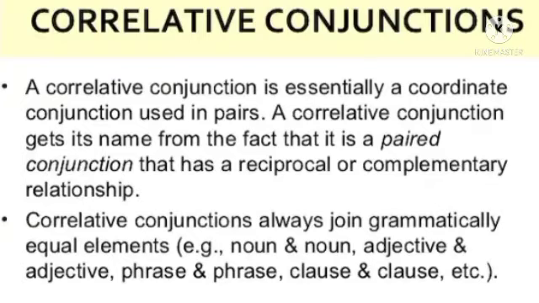Correlative conjunctions always join grammatically equal elements. For example, noun and noun, adjective and adjective, phrase and phrase, clause and clause, etc. So they always relate the same grammatical elements.